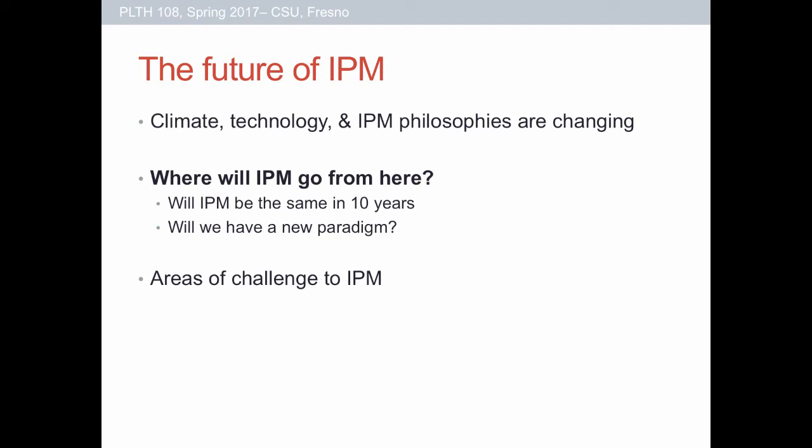All right. So, the future of IPM. This is kind of broadly looking out at where IPM is going and the fact that while IPM is kind of the current paradigm, there's still a lot of improvement to be made in pest control. Things are changing, right?